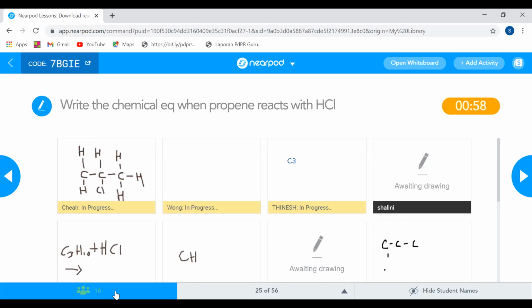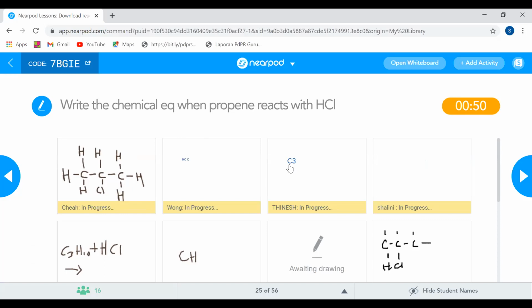One more minute. When I say chemical equation, you no need to draw the structure. Okay, never mind. If you did already, leave it. Don't erase because we only have 45 minutes. It's okay, I asked for chemical equation. No need to erase your work. 30 seconds only left.